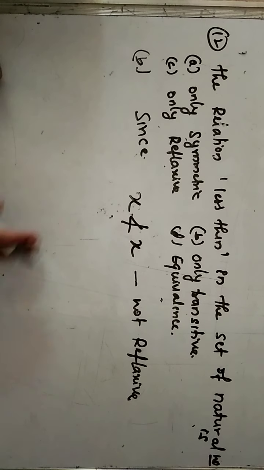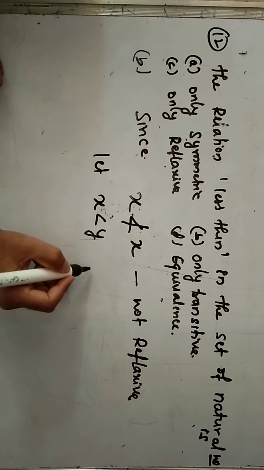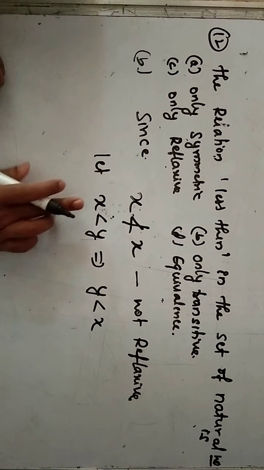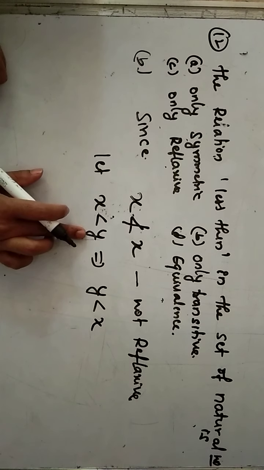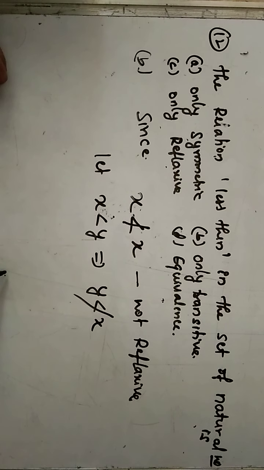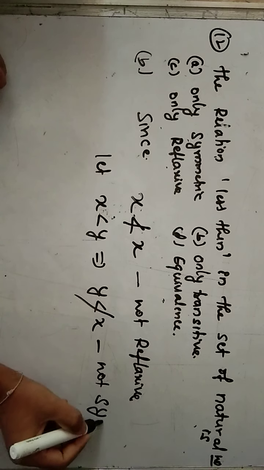Next, I will take x is less than y. Does it imply y is less than x? 3 is less than 5, but 5 is not less than 3. That's why it is not satisfying. Therefore, not symmetric.